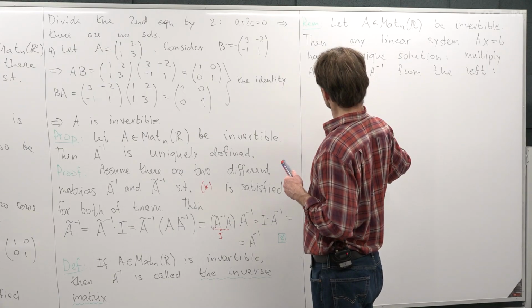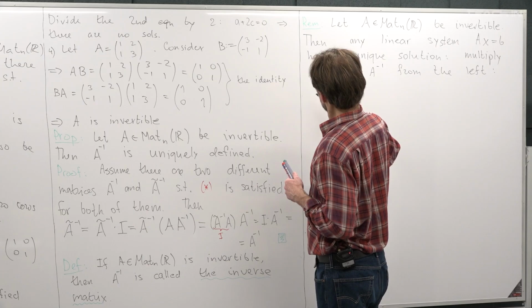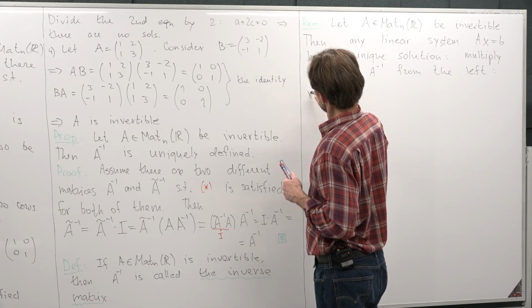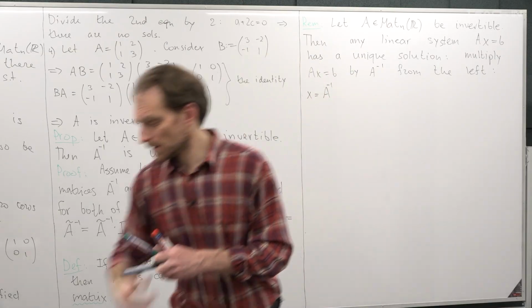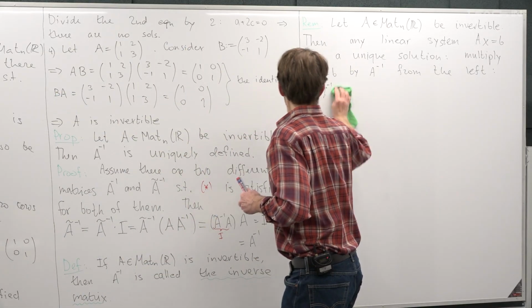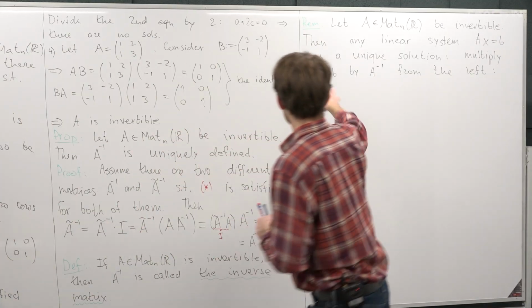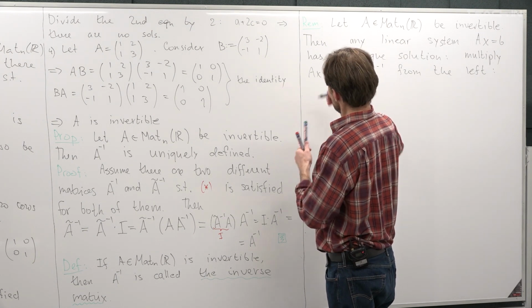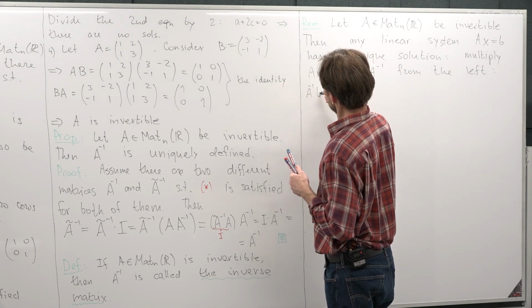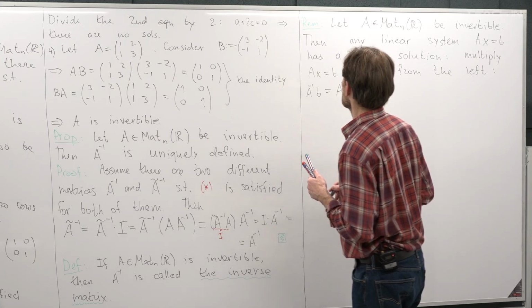So this means that x equals A to the minus 1 b, I will just write it from the right to the left for convenience. So if I multiply this relation by A to the minus 1, I get A to the minus 1 multiplied by b equals A to the minus 1 multiplied by A by x.